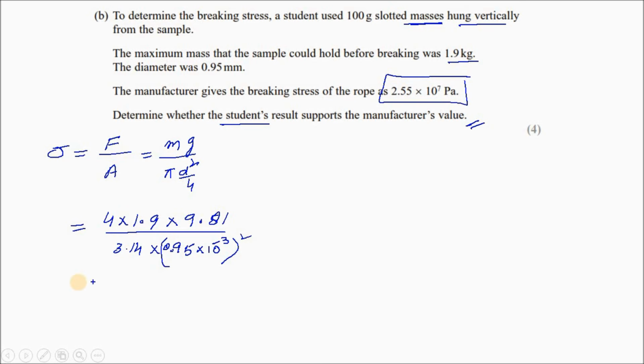And then you can find sigma. So sigma is 2.62 into 10 to the power 7 Pascal.